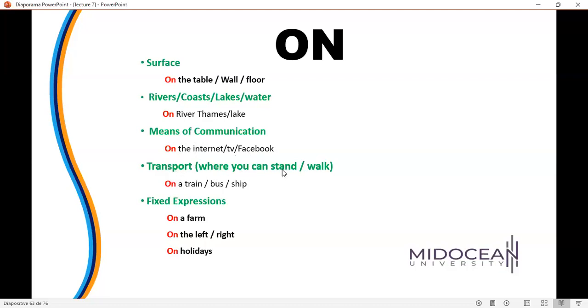Transport where you can stand or walk, like on a train, on a bus, on a ship. And fixed expressions: we always say on a farm, on the left, on the right, that is, à droite ou bien à gauche, on holidays. Okay, all of these are called fixed expressions.